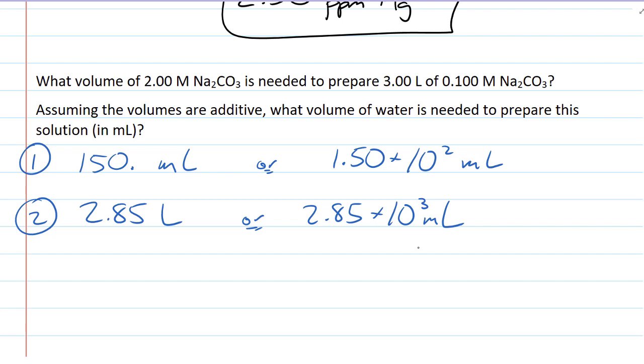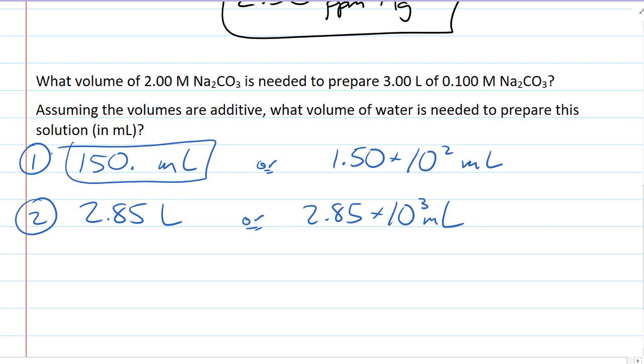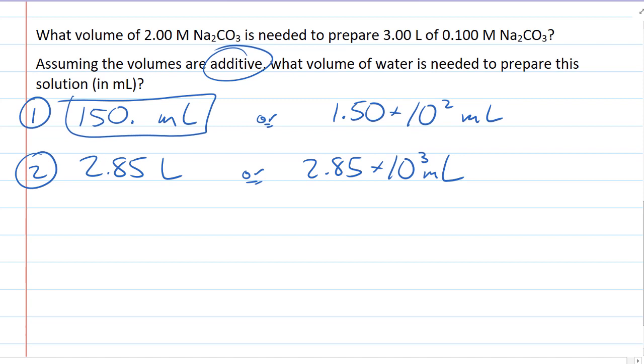Where do you get the second answer? How do we get the second answer? Okay, well, if we got the first answer as being 150 milliliters, and we assume that the volumes are additive, we'd like to know what volume of water is needed. What volume are we trying to prepare altogether? 3 liters.